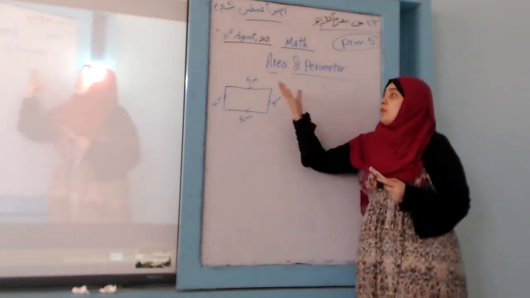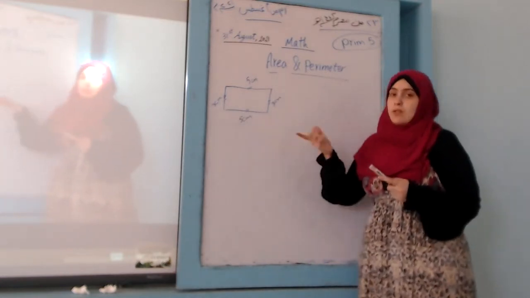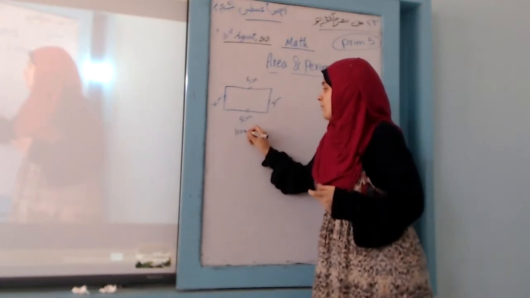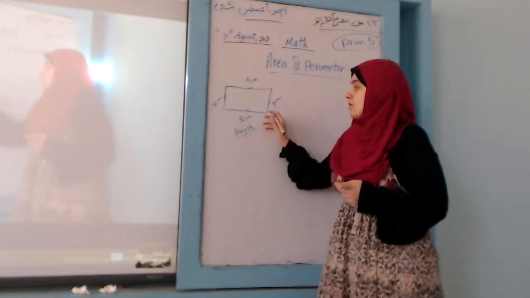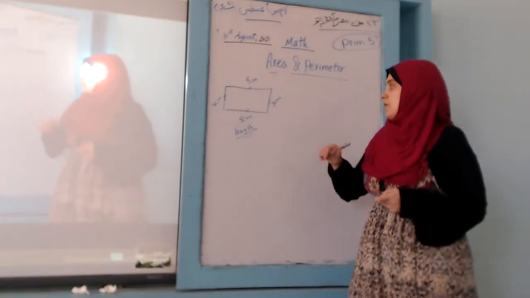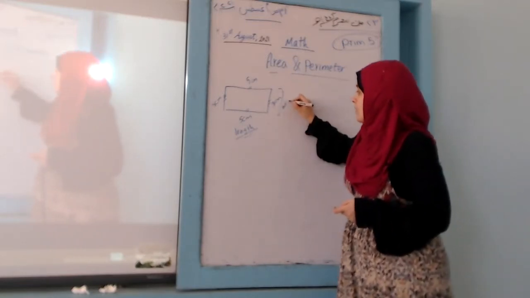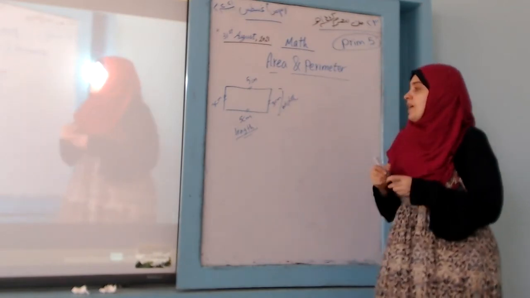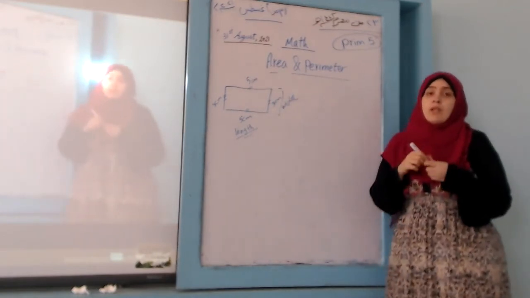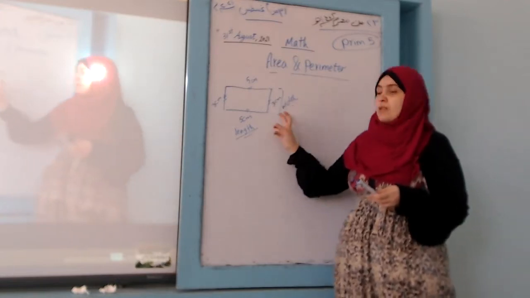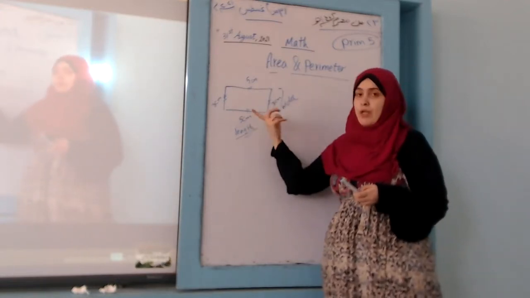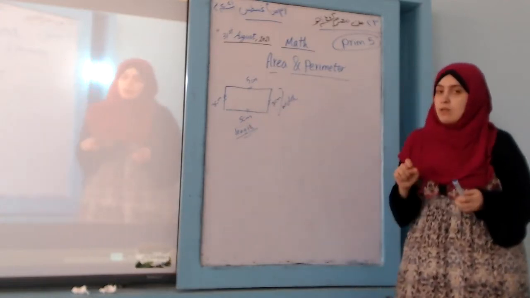The greatest side in the rectangle is called the length, and the smallest side is called the width. If a rectangle has length and width, length is the greatest side, width is the smallest side.